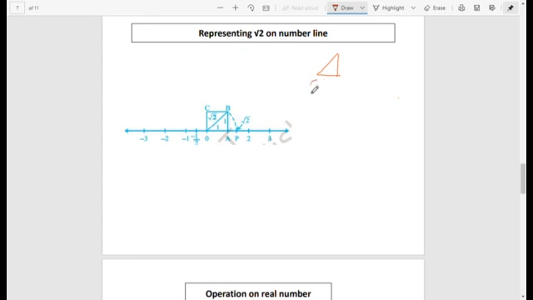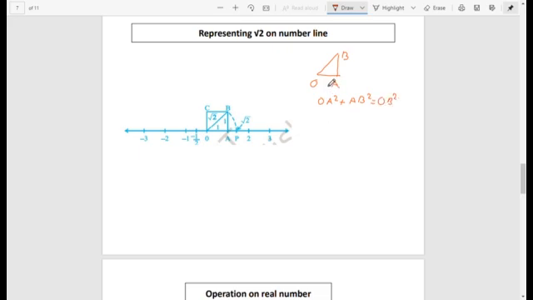So O, A, B is a right angle triangle. So Pythagoras theorem is applicable here. So OA square plus AB square is equal to OB square.